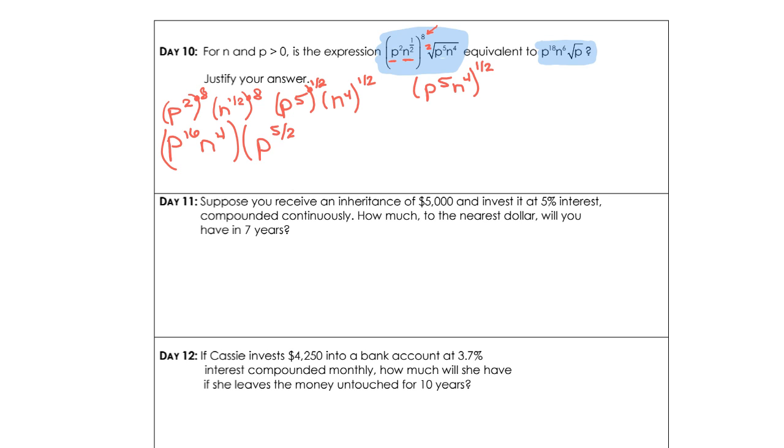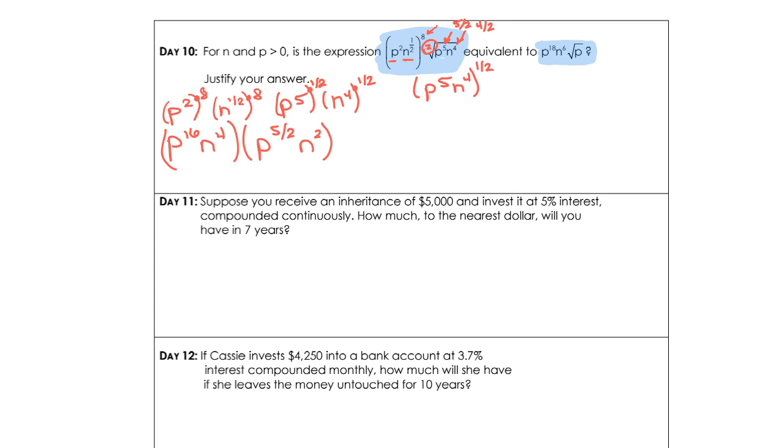And then n raised to the 4th times 1/2, that's going to be 4/2, which is the same thing as 2. So n to the 2nd. Okay. So basically, again, guys, because that 2 is in the crack and they're both underneath there, you're basically putting that 2 on the bottom of the 5 and on the bottom of the 4. All right. It's just that 4/2 reduces to just a 2.